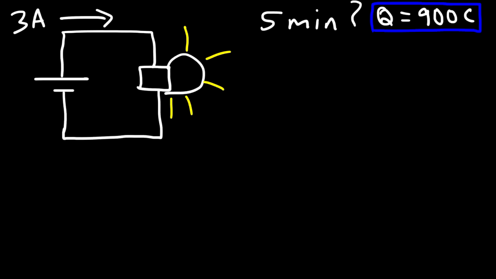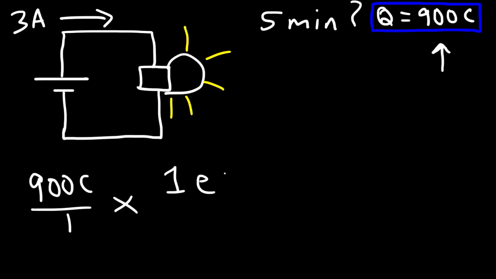Now, how many electrons pass through the circuit in 5 minutes? How can we get that answer? Now, once you have the charge, you could easily find the number of electrons. Remember, Q, which represents electric charge, represents the quantity of charged particles. And all we need to do is convert it. So keep in mind the charge of one electron is 1.6 times 10 to the negative 19 coulombs.